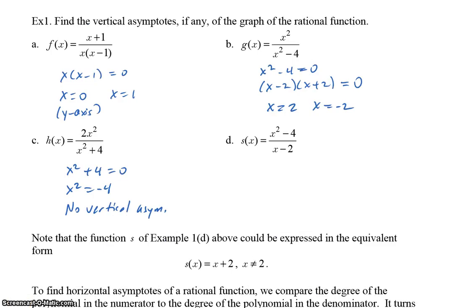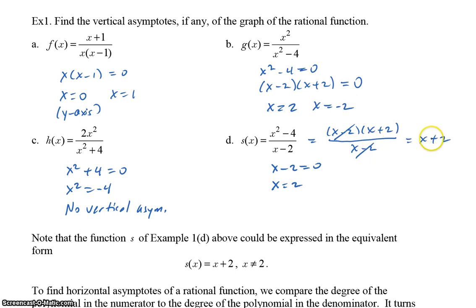Our final example is s of x equals x squared minus 4 over x minus 2. If we take the denominator here and set it equal to 0, we get x equals 2. However, 2 also causes the numerator to equal 0. And this is because the numerator and the denominator share a common factor. If that common factor is canceled, then the function has a simpler form.